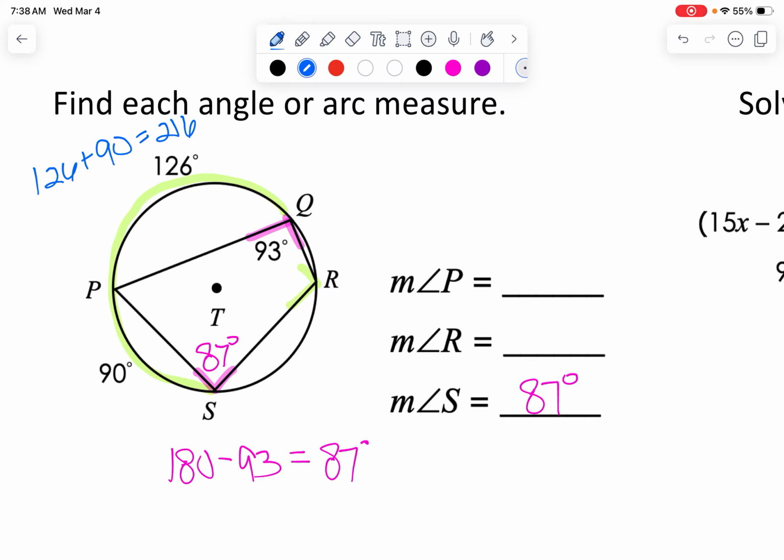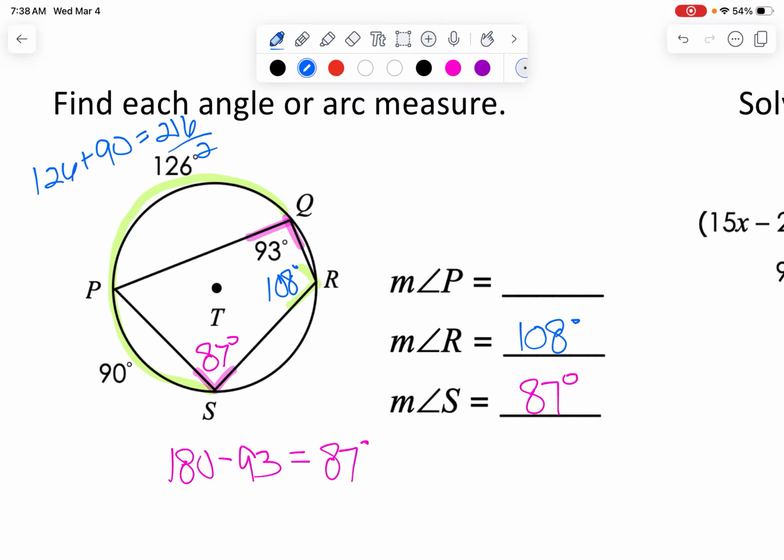Okay, so now if I cut that in half, divided by 2, that would give me 108. So that's R, 108 degrees.